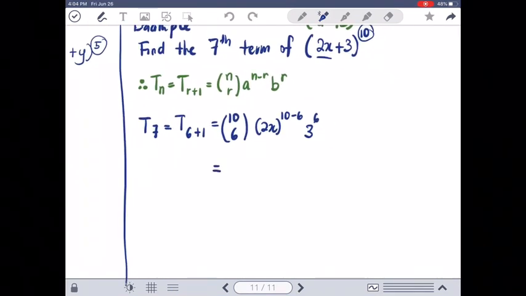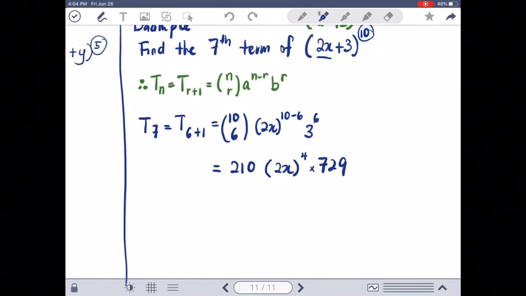Okay, so which is just equal to 10C6 multiplied with (2x) to the power of 4 times 3 to the power of 6, which is 729.